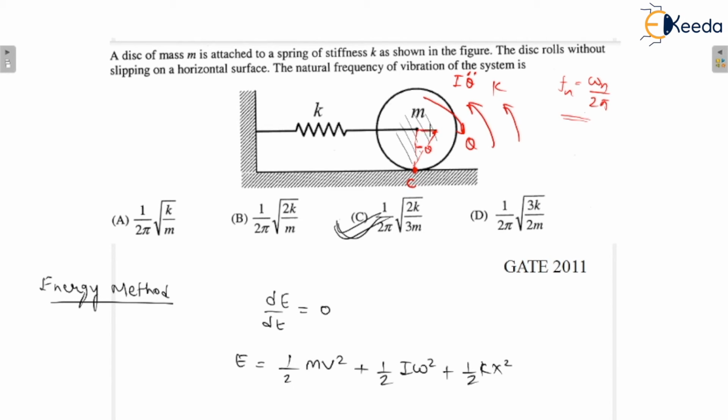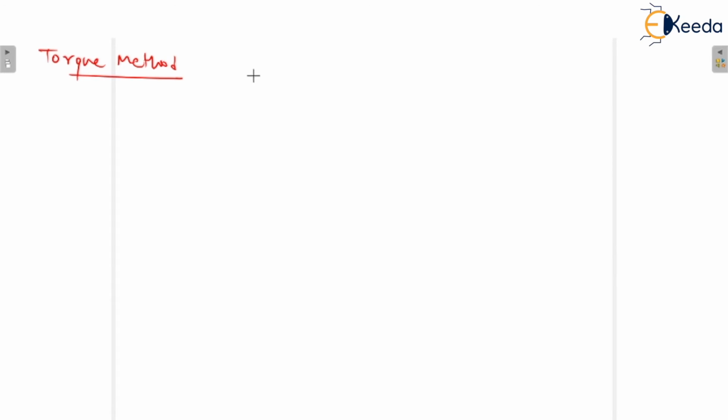This is the displacement of the spring, so that is k theta r, multiplied by r since we are taking torque about C. So there are two terms, and we put I theta double dot plus k r square theta is equal to 0. Basically we are applying the D'Alembert principle.